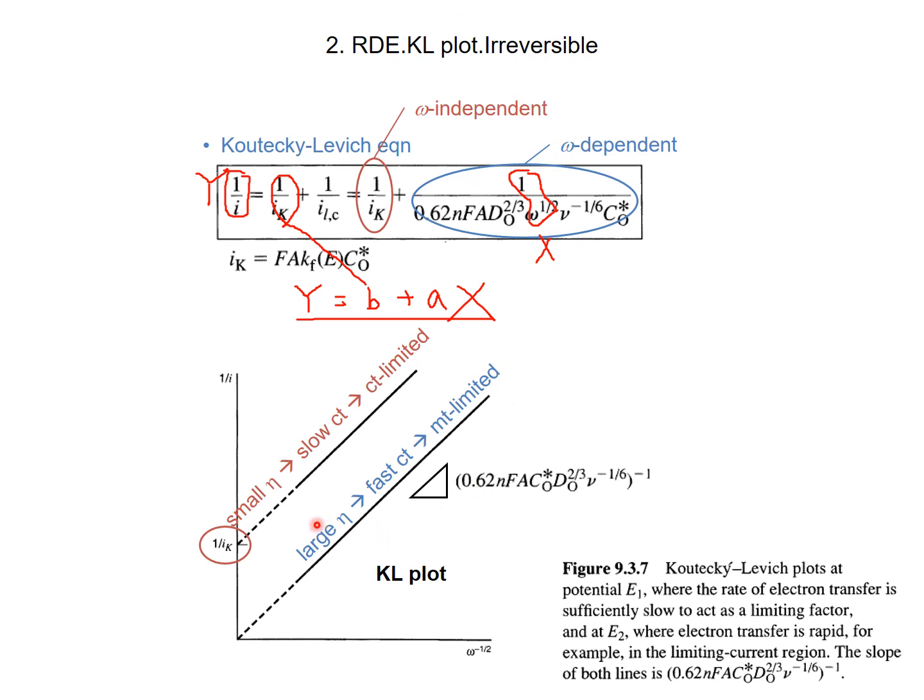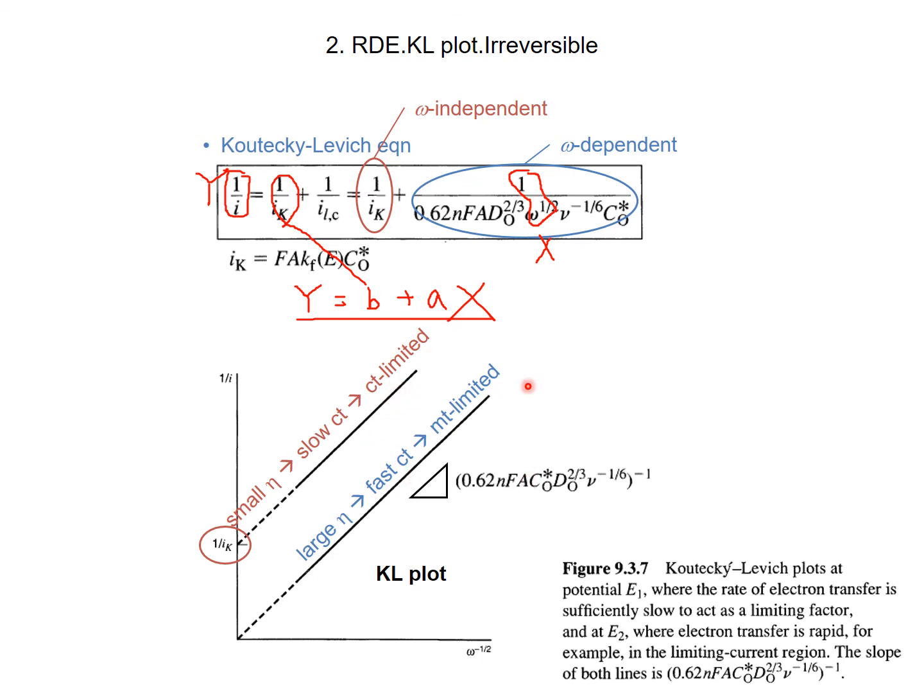Let me decrease the overpotential. Then, this linear line moves upward to this line. The smaller overpotential indicates slower charge transfer kinetics, and it means a charge transfer limited system.